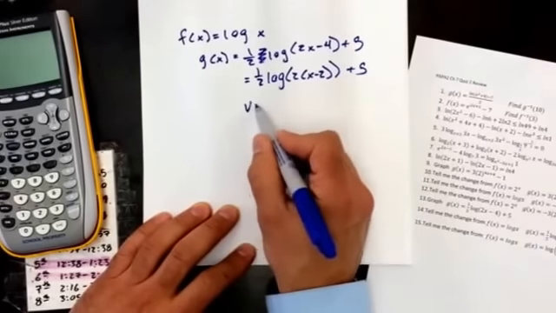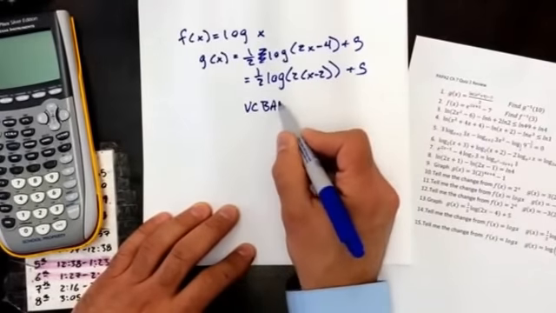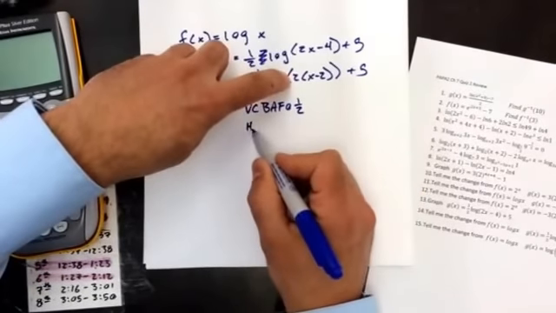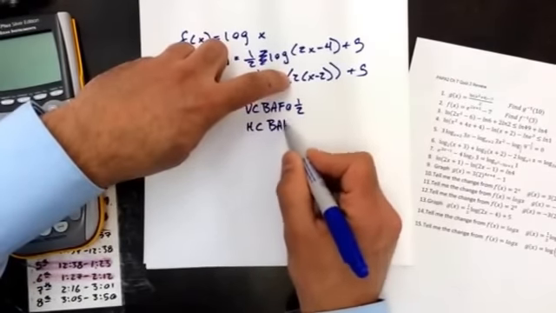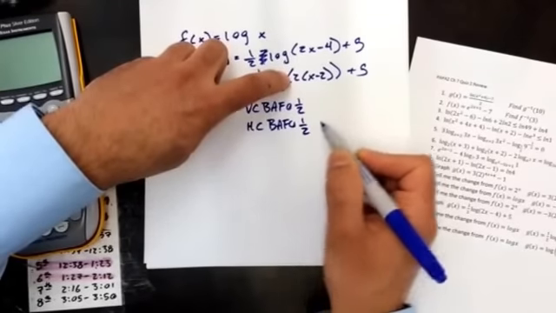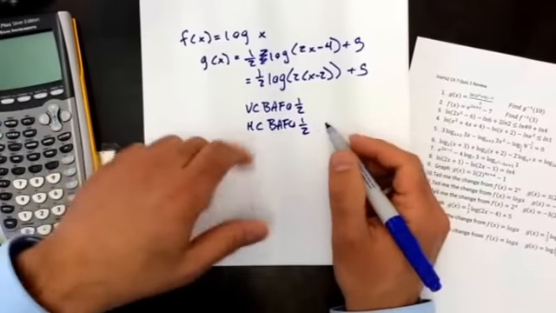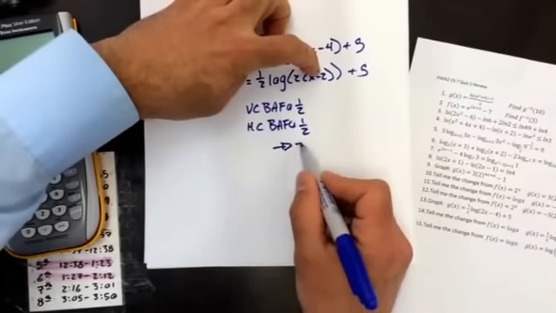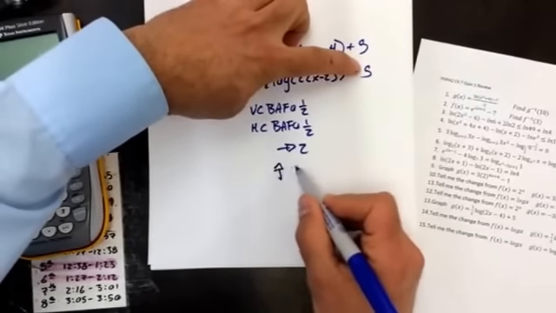So this is going to be vertically compressed by a factor of 1/2 right here. This is going to be horizontally compressed by a factor of 1/2. If you're wondering what these two do to the graph, it actually cancels each other out. This is going to be to the right 2, and this is going to be up 5.